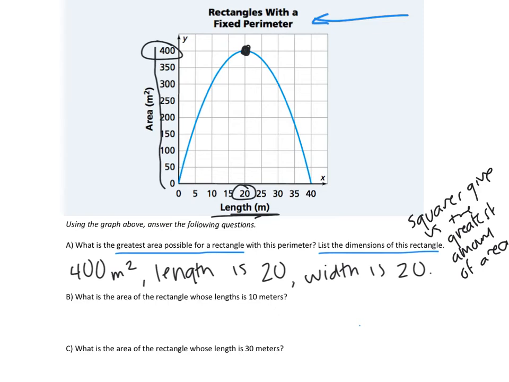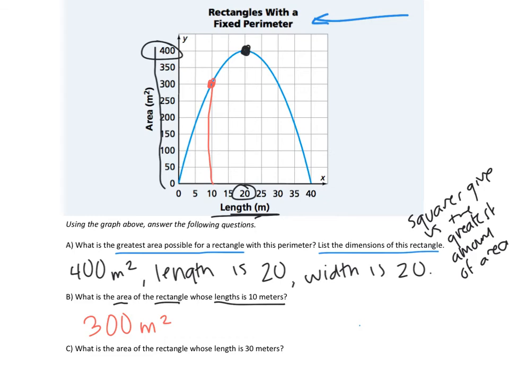Really, squares give us the greatest amount of area. Okay, so looking at B, we want to know what is the area of the rectangle whose length is 10 meters. Well, again, I'm going to use my graph. If it's 10 meters, we know it's 300 meters squared.